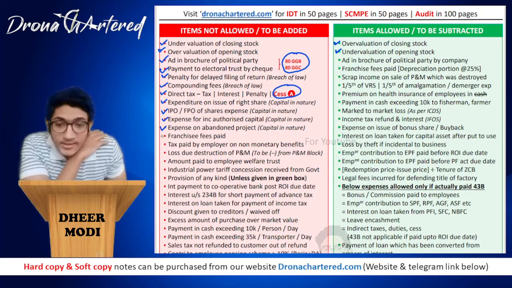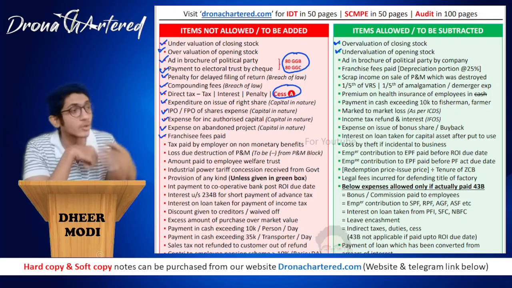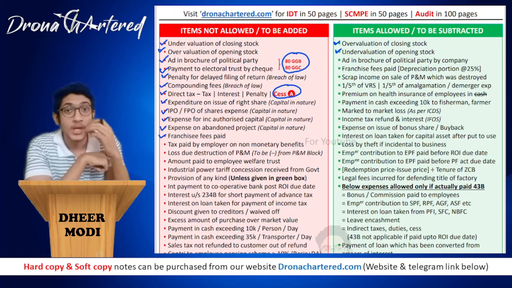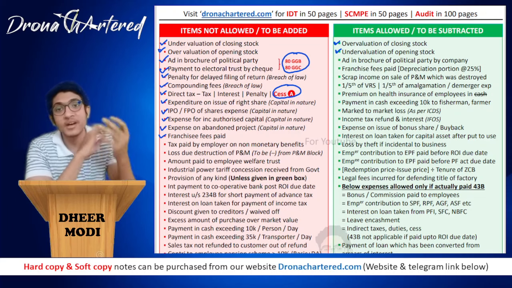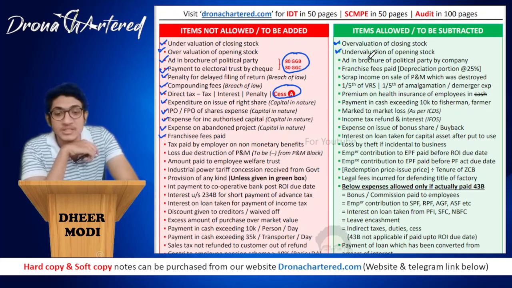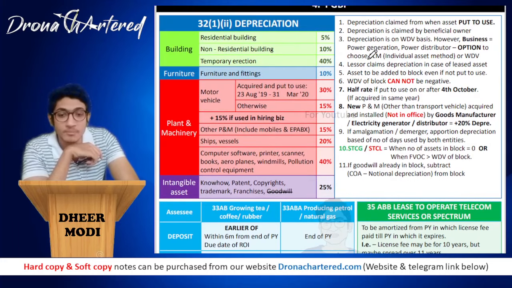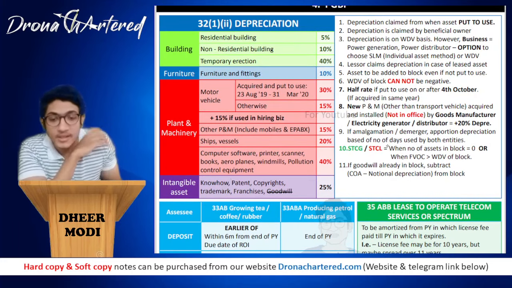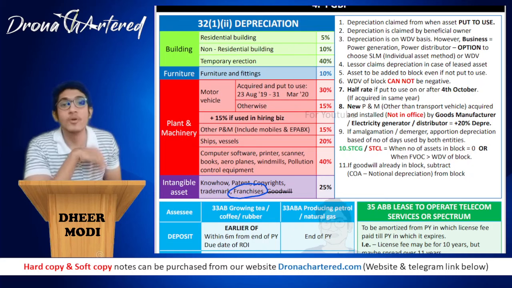Okay. Now next is franchisee fees paid. For example, you have taken a franchisee of McDonald's and you are paying them a franchisee fee. Now this franchisee fee that you are paying, you will not get as a deduction in PGBP. Why will you not get it as a deduction in PGBP? Because if you remember while doing the PGBP chapter, we studied that your franchisee will form part of your asset.